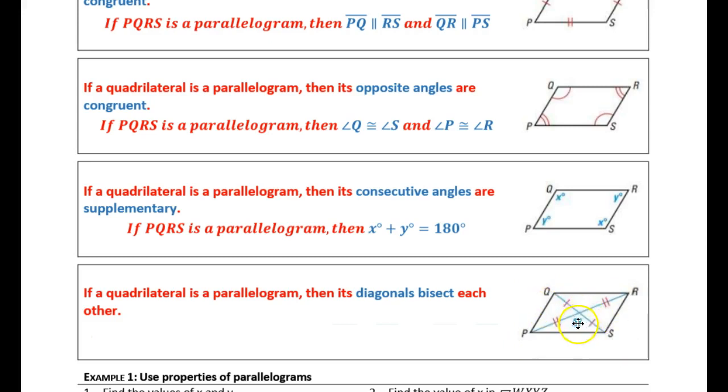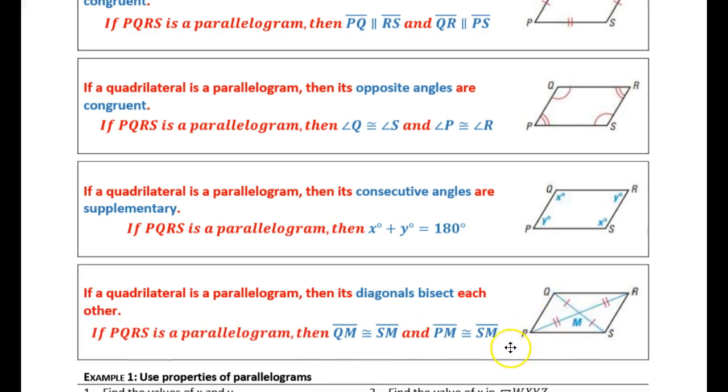What it means is this point M is the midpoint of QS and PR. So that means that QM and SM are congruent, and PM and RM are congruent.